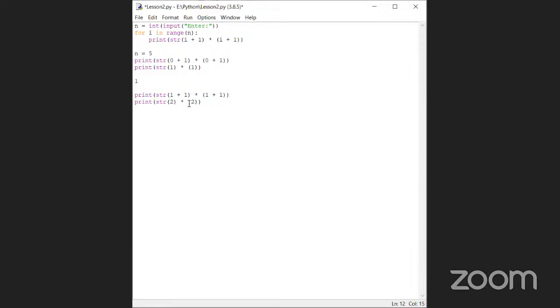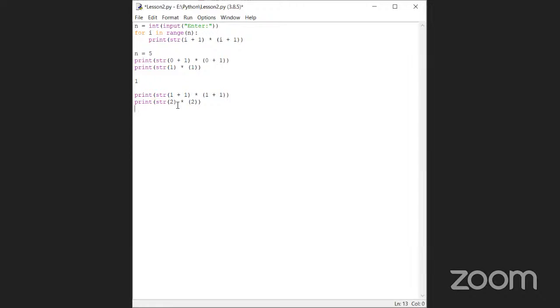If, for example, I put str like this, this will not work because you can't multiply a string with a string. Now, if you do this, then it will work because now you're concatenating. And so this is what it will give you. Anyway, let's remove the str.